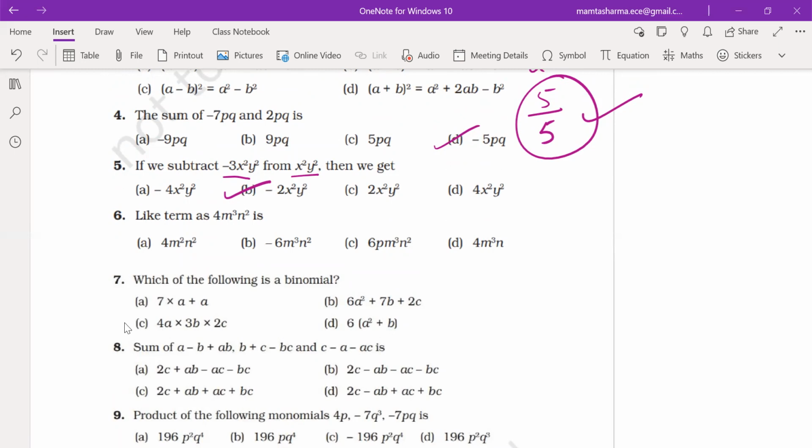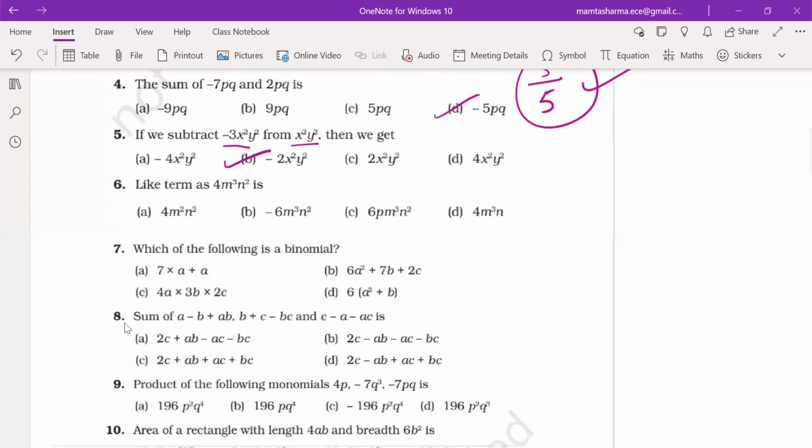If we subtract this thing from this thing, see, we are subtracting this term, minus 3x square y square, from the x square y square. Subtraction means subtraction only. You have to subtract this quantity, this term.